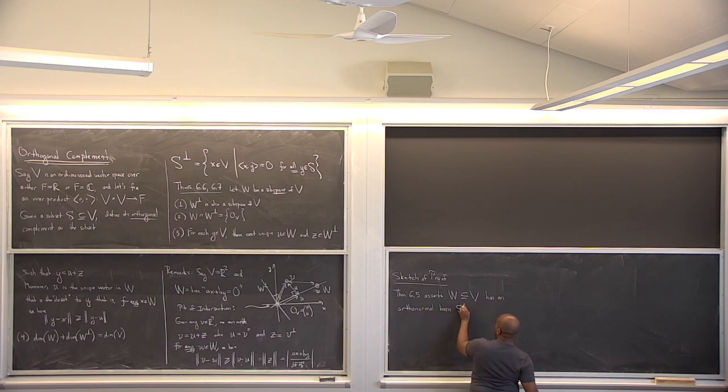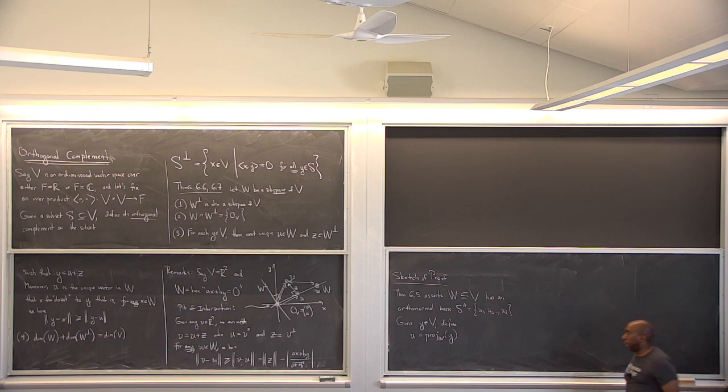Let's call this S double prime, which consists of these vectors u1 through u sub k. So let's make the following definition. Given y and v, let's define two things. Let's define u, which I'm going to write here as proj subscript W of y, to be the following sum.